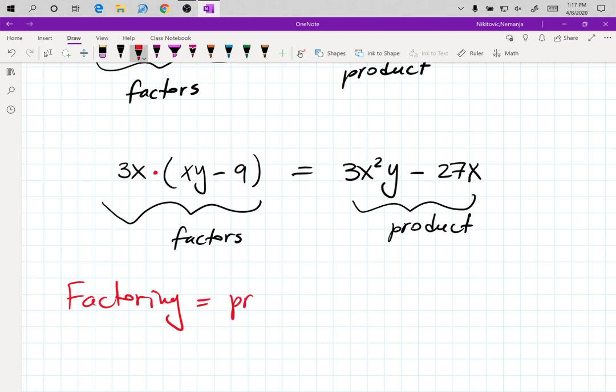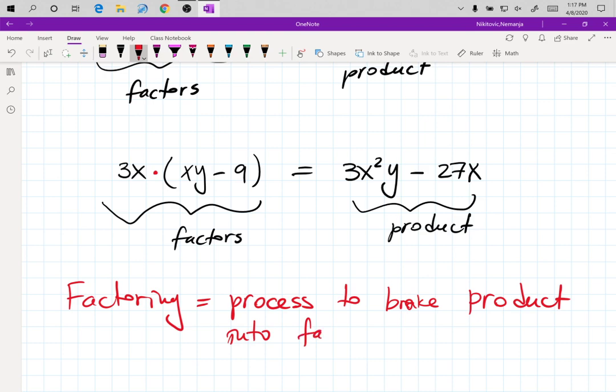So now, factoring. That's the process to break a product into factors, right?